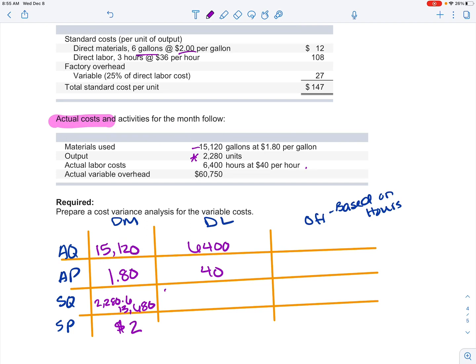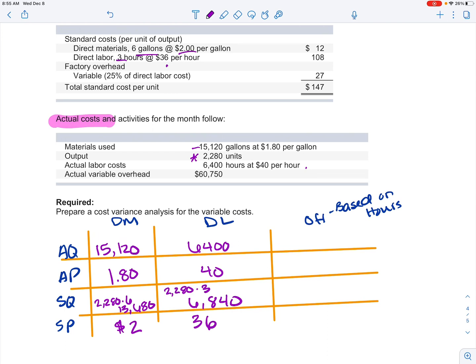Again, standard is going to be based on actual output. So I take that 2280 and times that by 3 to give me the hours it should have taken. And then for the standard price, they just give that to me, that 36.